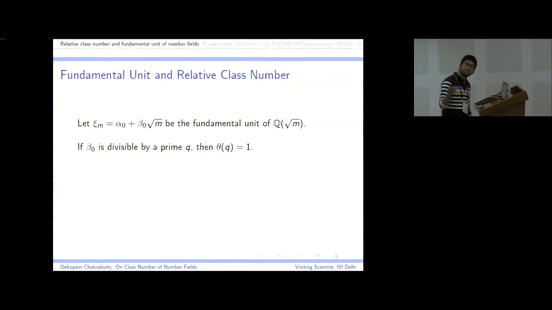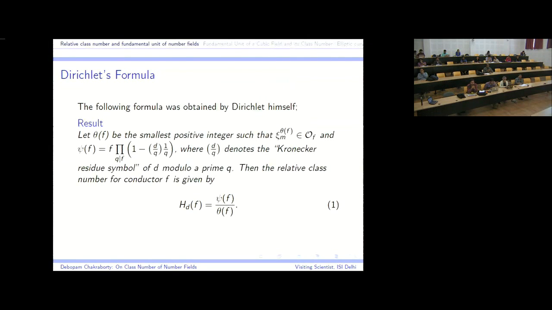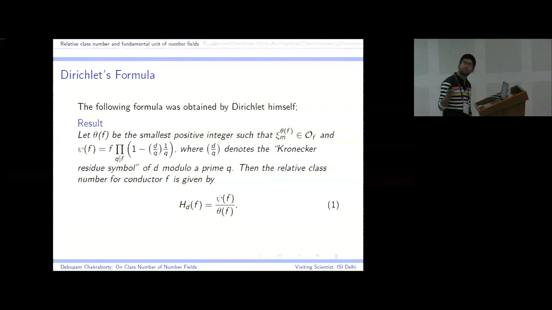Now you can see from the previous formula that if q is a prime and q divides beta naught, then obviously theta f will be 1. It's just via definition. And if q is a prime and q divides m, then this whole value will be q.